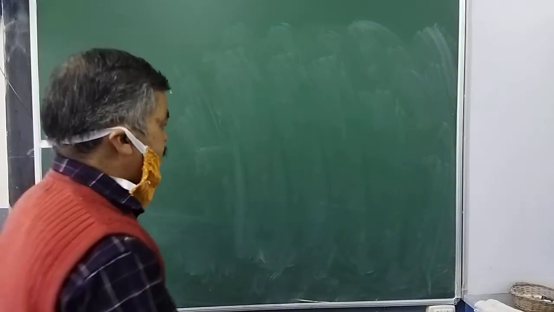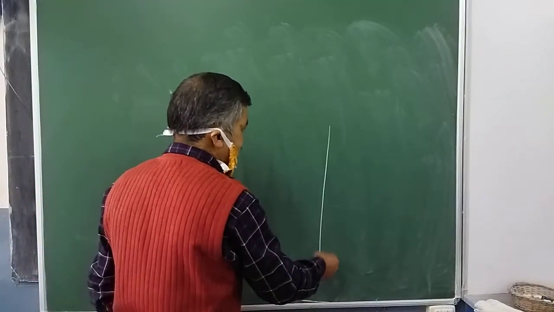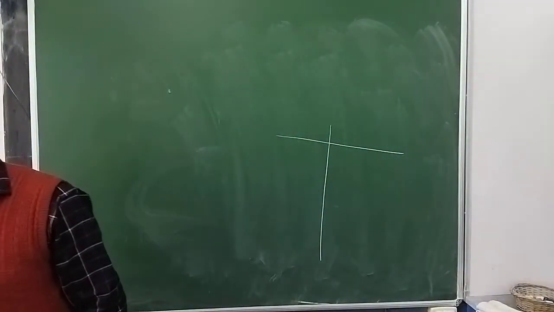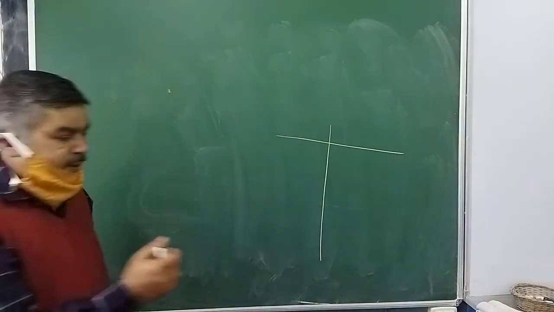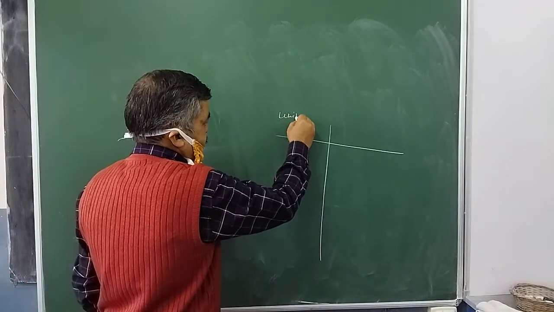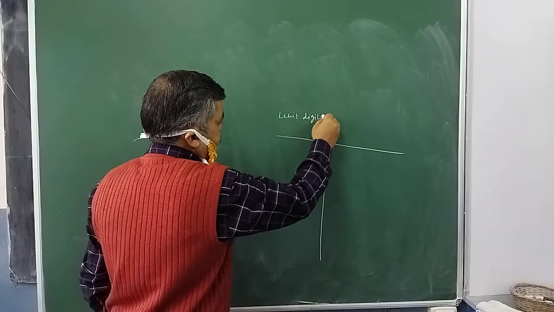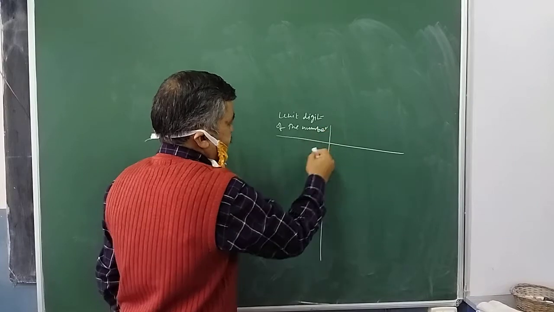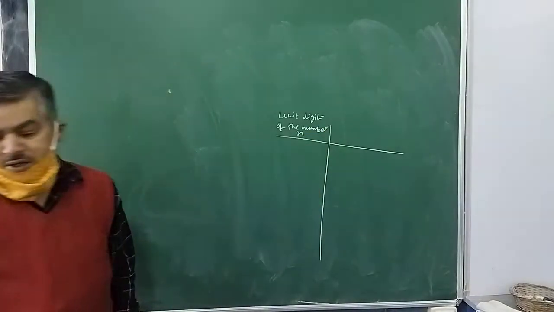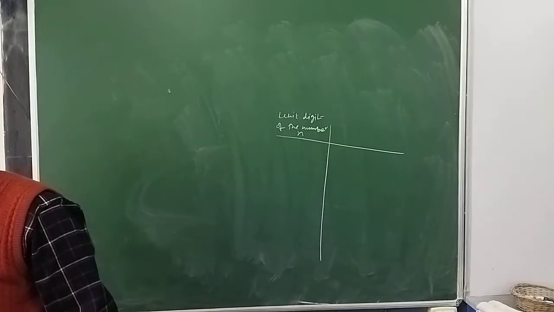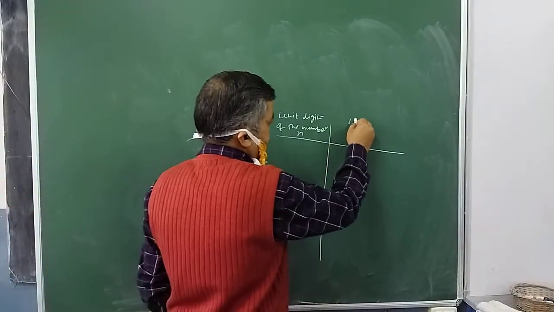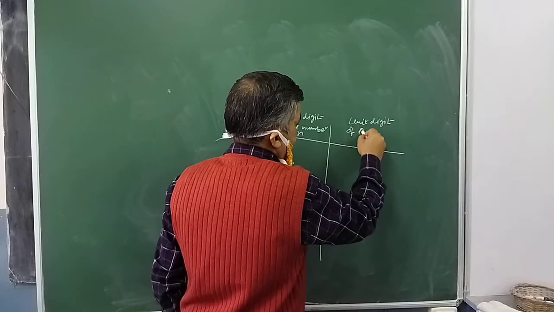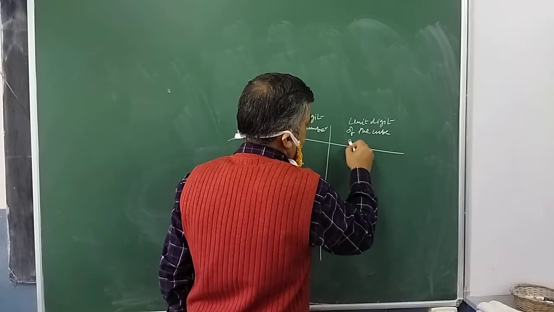For that, again I would like to repeat that you just prepare this table by writing the unit digit of the number, that is n, in one column, and in the second column you write the unit digit of the cube root of the number.